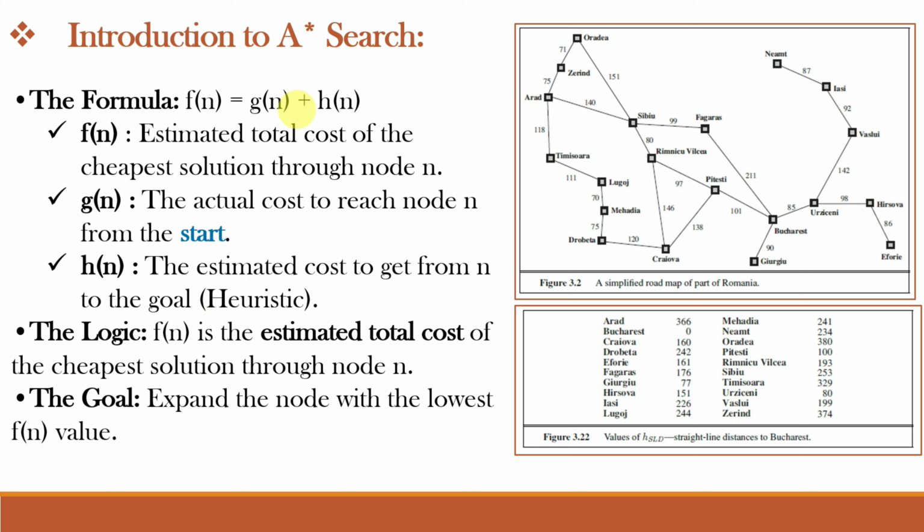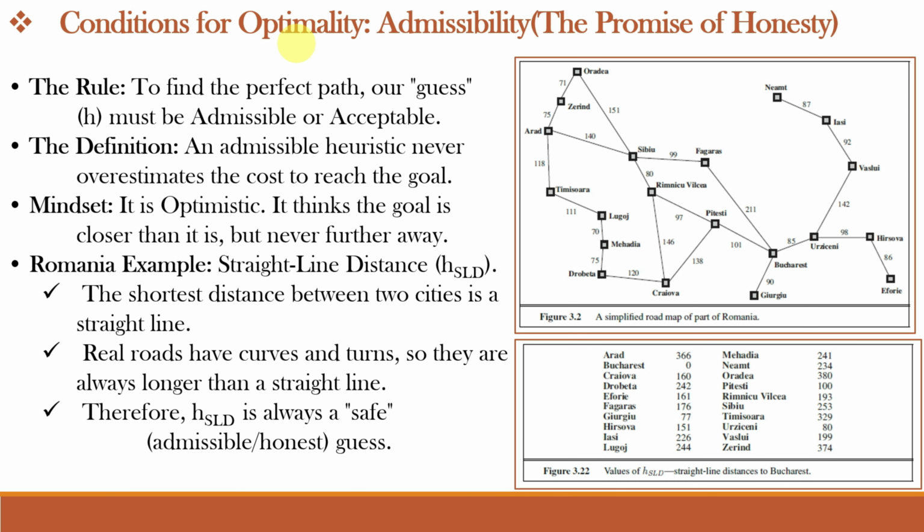By adding these two, f(n) gives us the total estimated cost of the cheapest solution. So if you want the cheapest solution, it makes perfect sense to always pick the node with the lowest total estimated cost.